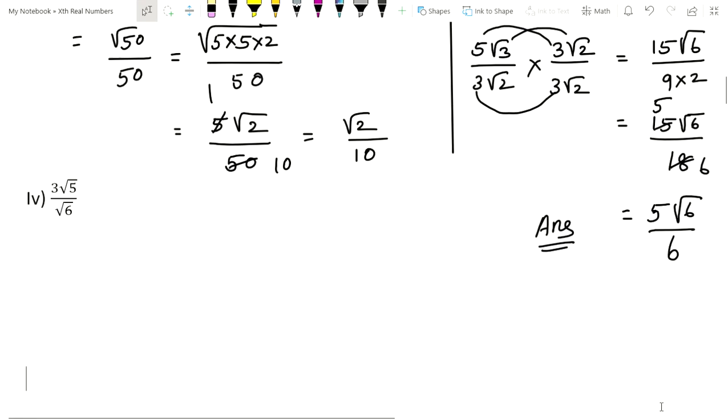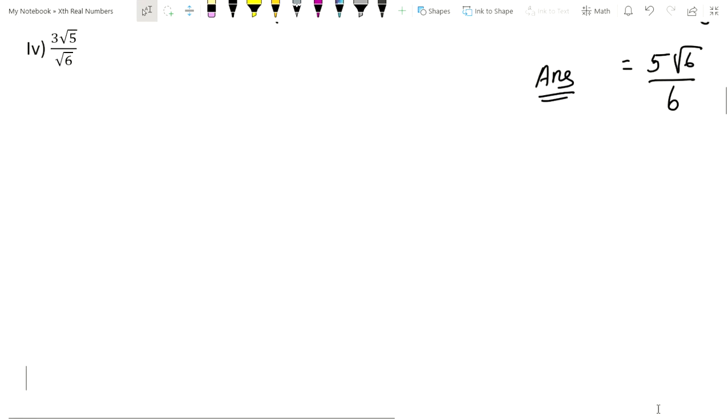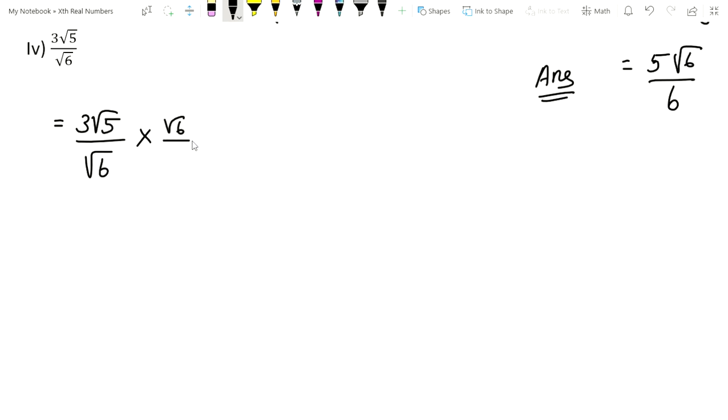You understand? See the next question. 3 root 5 by root 6. So we are going to rationalize the denominator. You have to multiply and divide by root 6. Now here 3 is 3.